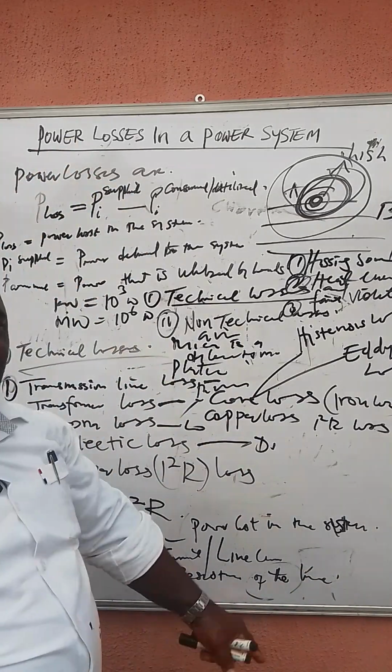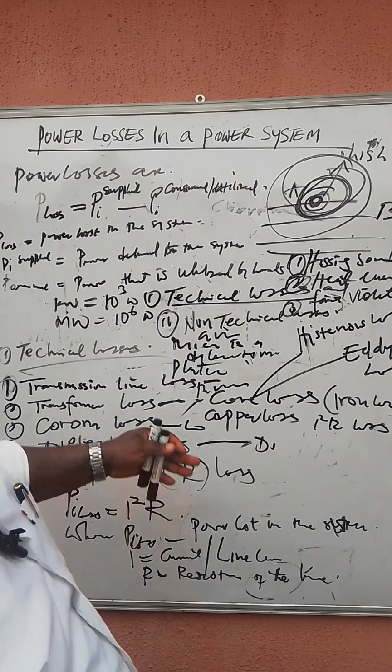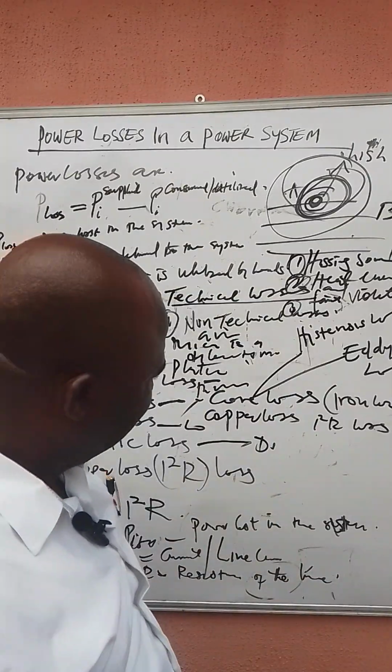So this is where we draw the curtain close on power losses in a power system.